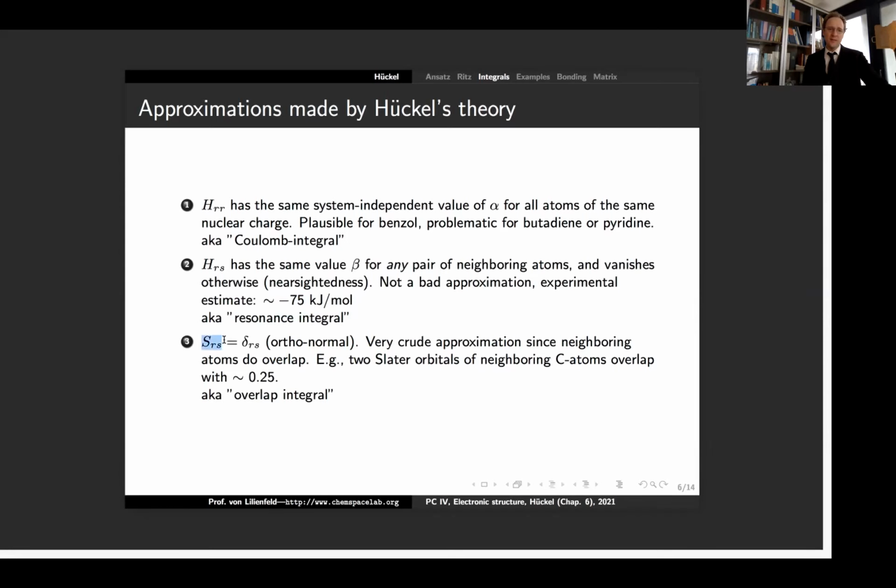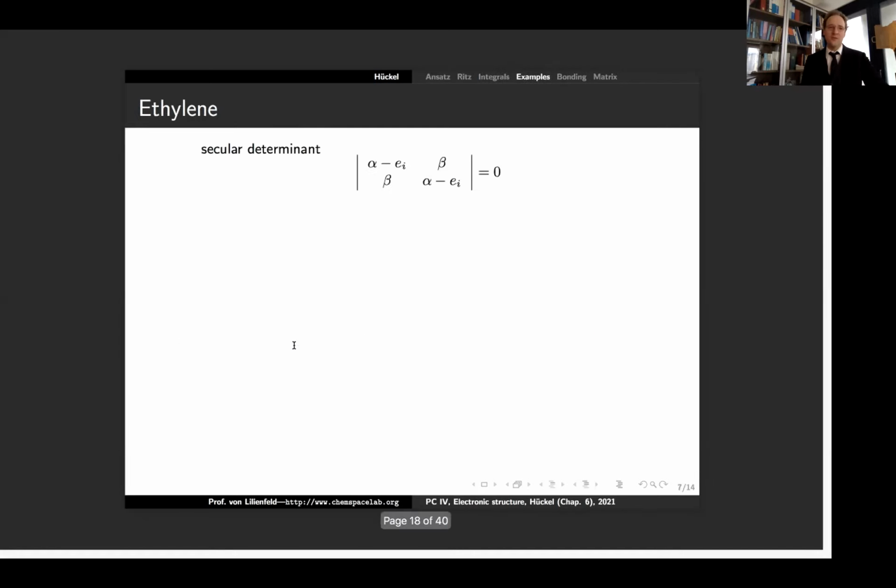And then the most severe approximation, very crude, is that we assume that the overlap is negligible for neighboring atoms and even atoms being further away, right? So this is a dramatic and horrible approximation, but it makes our problem much easier to solve, right?